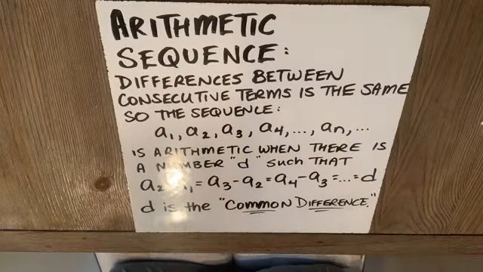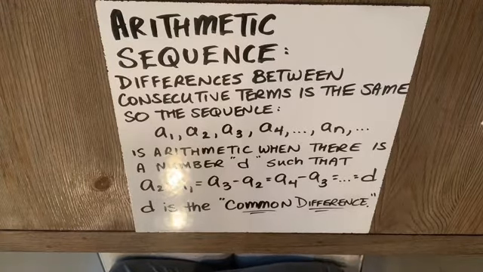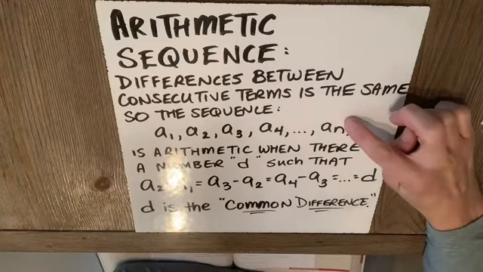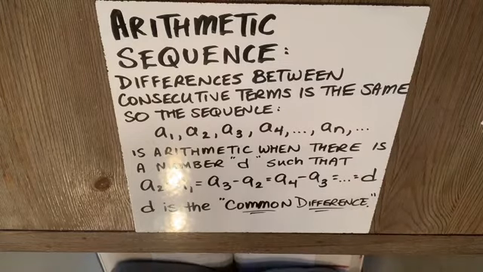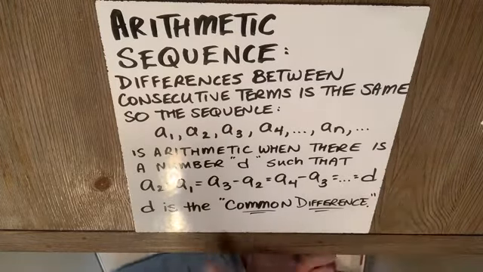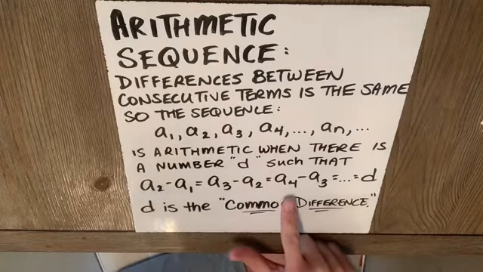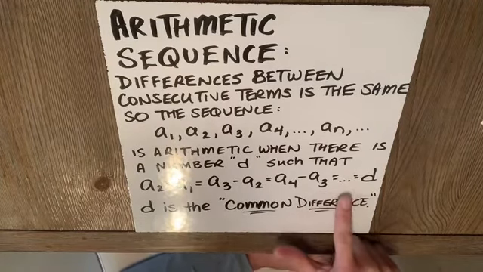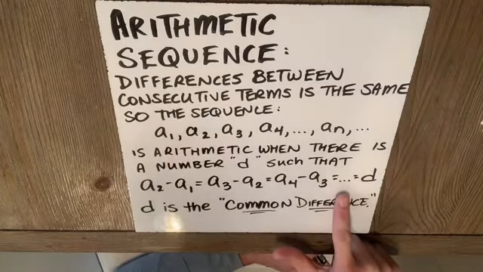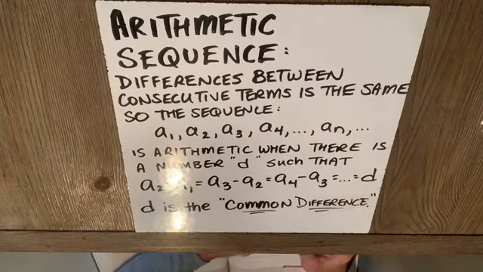Arithmetic sequence: the difference between consecutive terms is the same. So the sequence A1, A2, A3, A4, and so on until we get to the general term AN is arithmetic if and only if there's a number D, the common difference, such that A2 minus A1 is the same as A3 minus A2, is the same as A4 minus A3, and so on, which means A56 minus A55 is also equal to D. It's the next one minus the previous one.